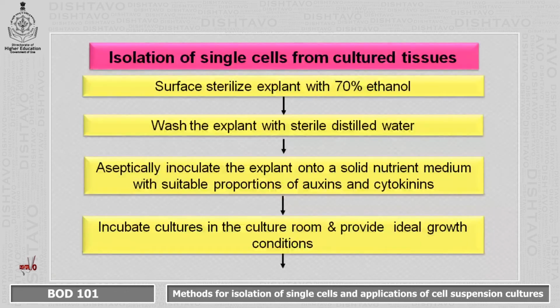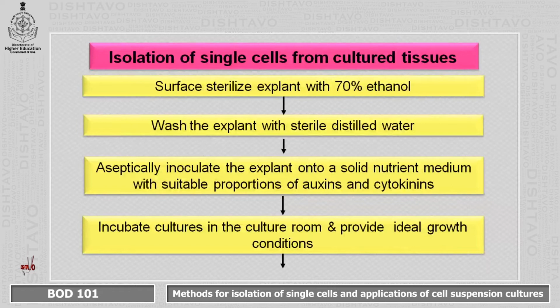Now we will learn the isolation of single cells from cultured tissues. First, surface sterilize the explant with 70% ethanol. Next, wash the explant with sterile distilled water.